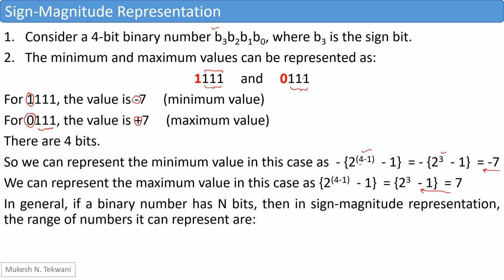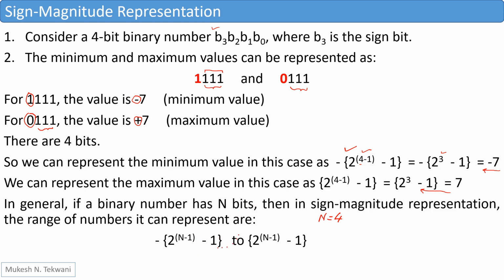And therefore in general, if a number has n bits, in our example here n was 4, we can say that the range of numbers is minus 2 raised to n minus 1, minus 1. Here n is the total number of bits.